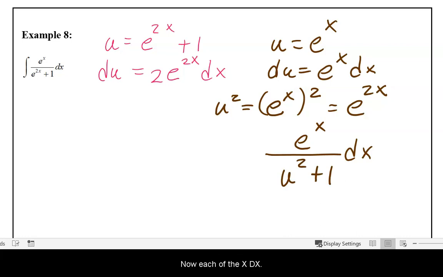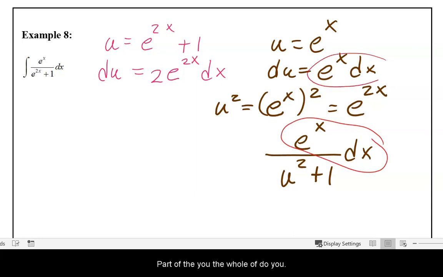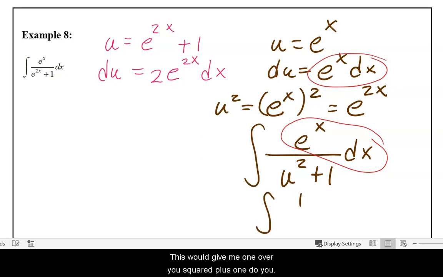Now, e to the x dx is in fact part of du, the whole of du. So I could replace that part with du. This would give me 1 over u squared plus 1 du.